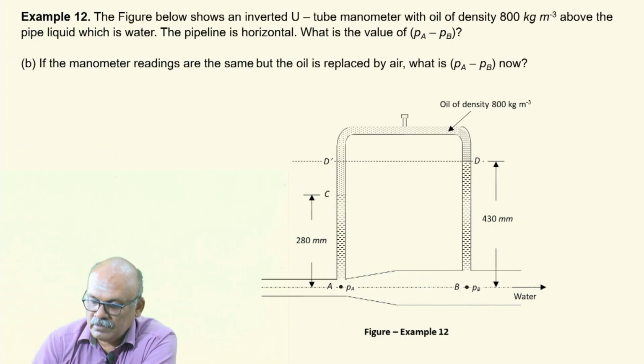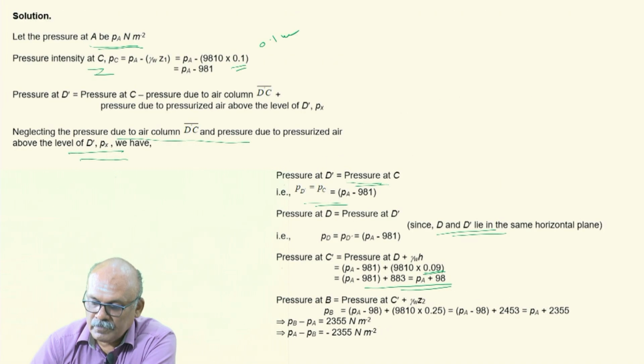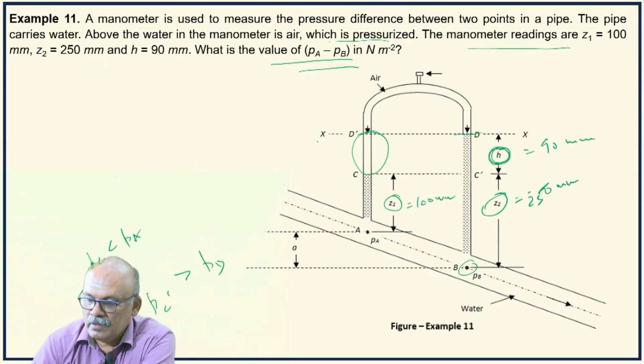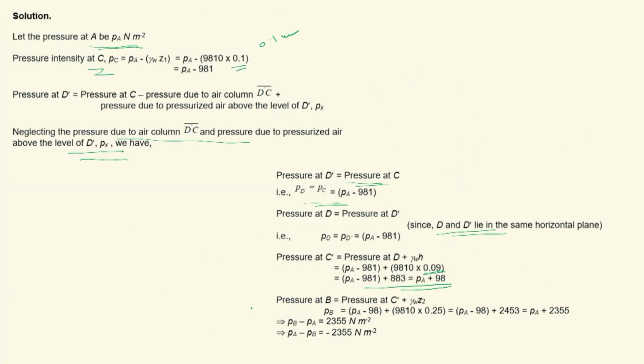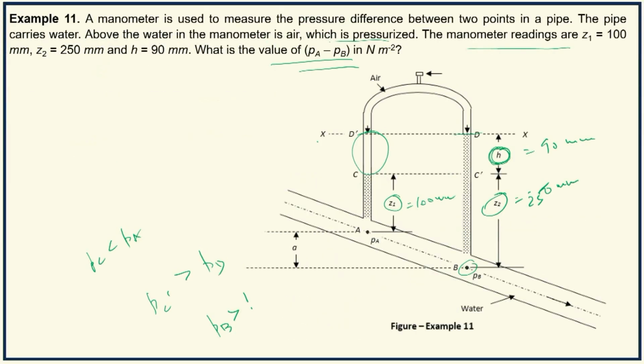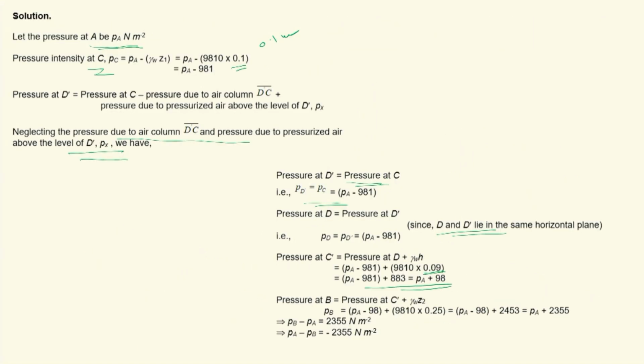Then pressure at B, ultimately we are ending up at B, this point. So pressure at B will be greater than pressure at C dash. What is pressure at B? PB is equal to pressure at C dash plus gamma W into Z2. Z2 is given as 250 millimeters, that is 0.25 meter.